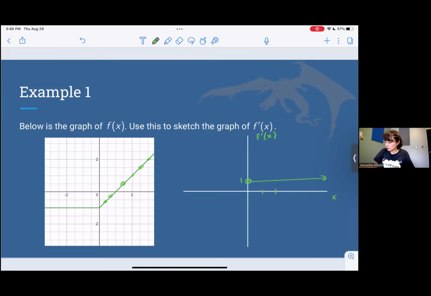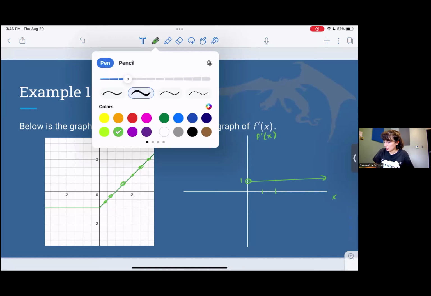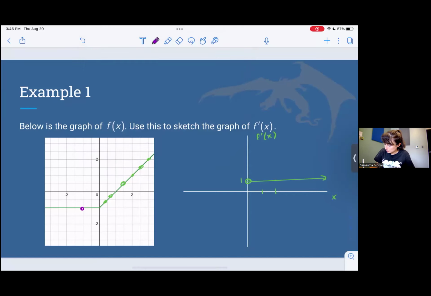Then if we do that same process, and I try to draw all my tangent lines on the other side of this corner, then for example, at -1, if I draw my tangent line, I'm going to get a tangent line that has a slope of 0. So at -1, my slope should be 0. At -2, same tangent line, my slope will be 0, and so forth.